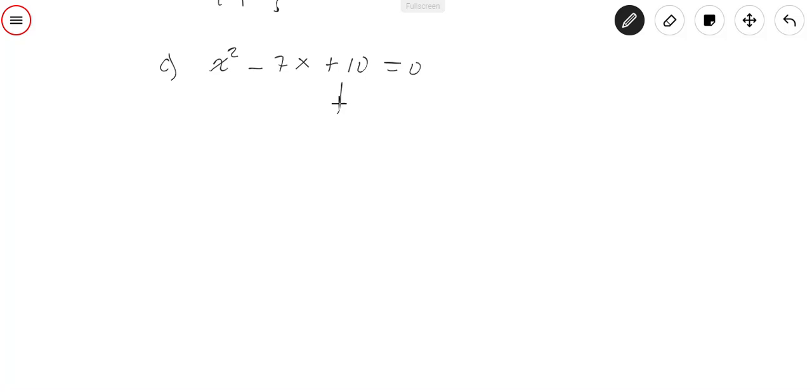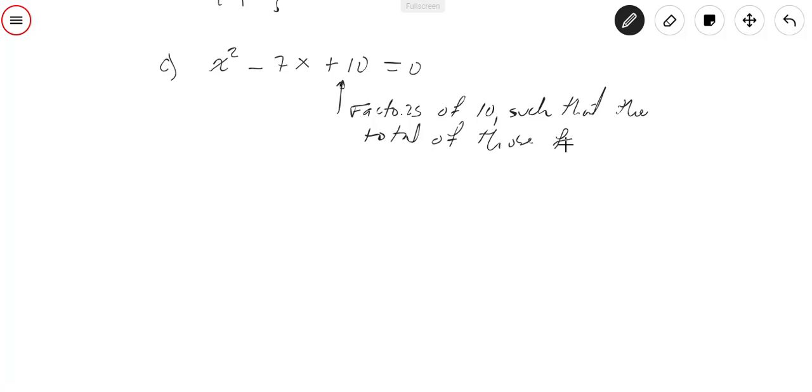In this case, I will be looking for the factors of 10, such that the total of those factors is minus 7.